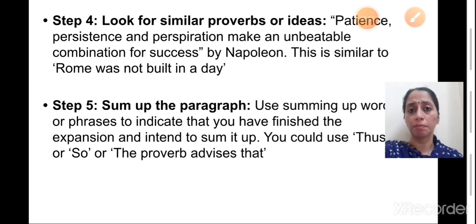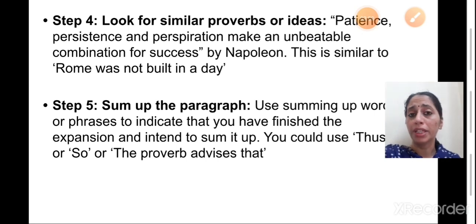Now this particular saying is very similar to Rome was not built in a day, which means a lot of efforts were put in to have a beautiful city like Rome. It did not happen overnight. Similarly, if you want success, it cannot happen in one day.